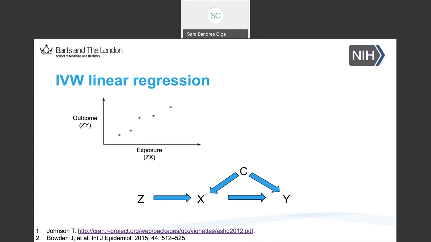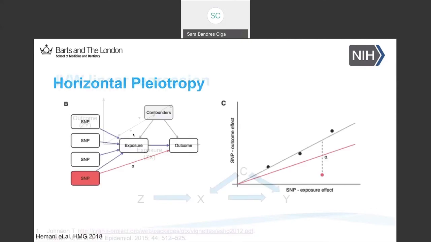So if we take an example here, we've got 5 SNPs, all associated with an exposure and looked at for their association with the outcome. The slope of this line of best fit, constrained to pass through the origin, is actually your overall effect estimate, the change in your outcome per unit exposure. Here's another example. You've got 3 SNPs associated with exposure and the outcome.